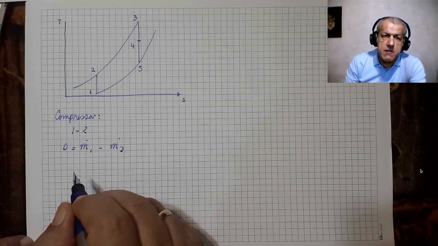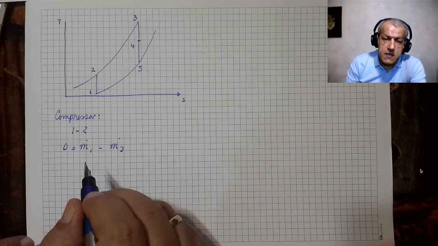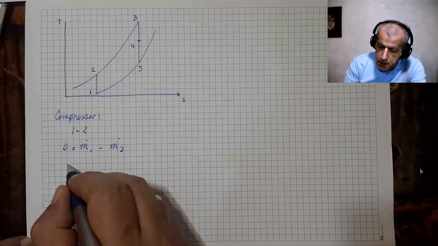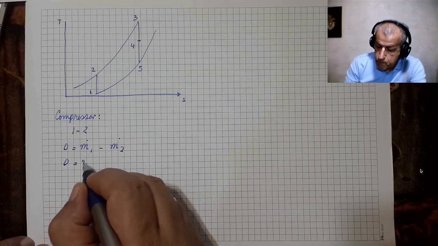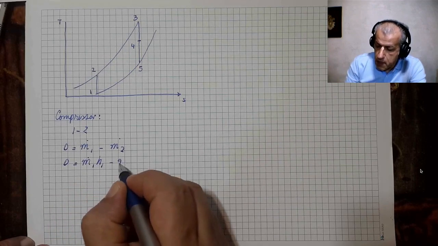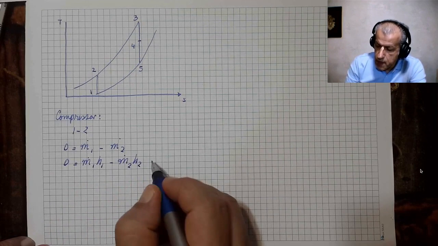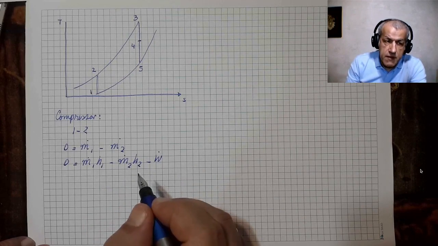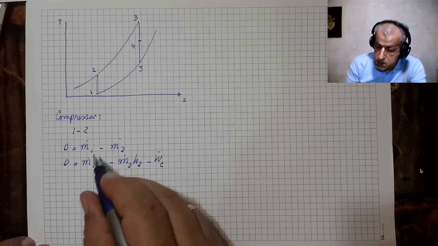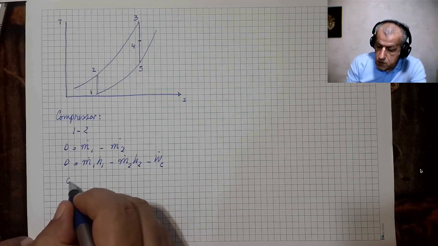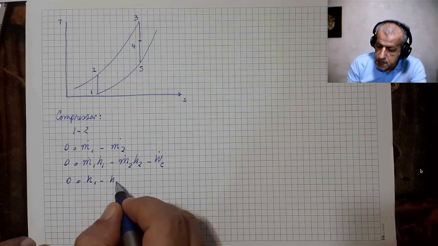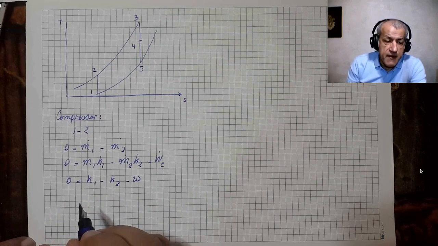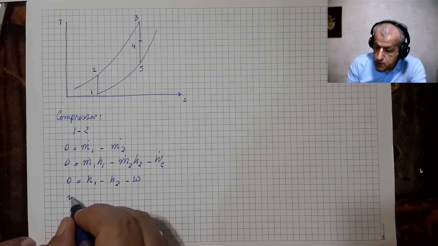Now, for the simple cycle, we ignore changes in velocity or elevation, and the first law of thermodynamics would be 0 equals m dot 1 h1 minus m dot 2 h2 minus W dot, and dividing everything by m dot, which is constant here, the first law would be 0 equals h1 minus h2 minus w.